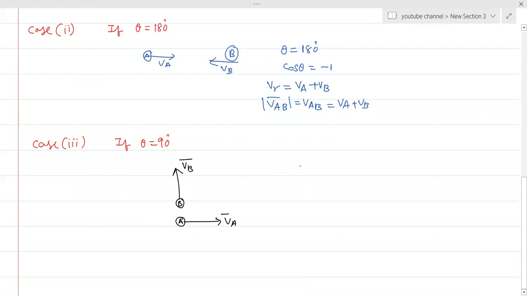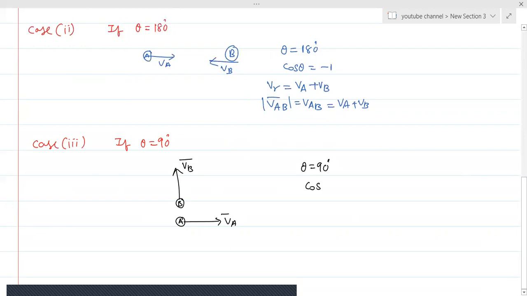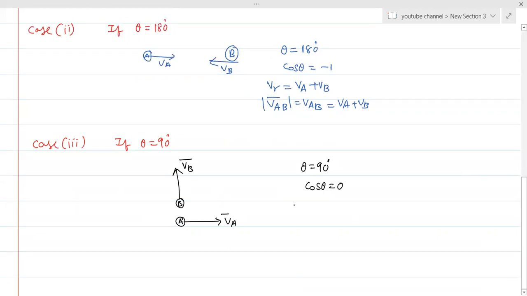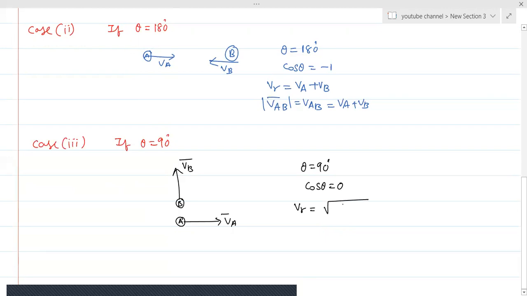Their angle is 90 degrees. When theta is equivalent to 90 degrees, cos theta is equivalent to 0. So the relative velocity is equivalent to root over VA square plus VB square.